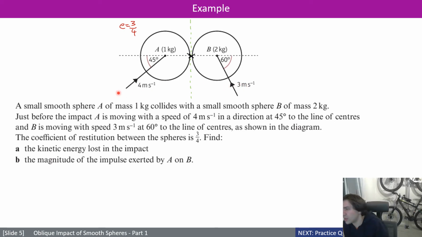However, you could also just consider that if it's a change in kinetic energy, then let's exclude the part of the velocity that doesn't change. The components of the velocity along the common tangent, in this case vertical, are not going to change. So their kinetic energy isn't going to change. So we can just think about the horizontal case, the parallel to the line of centers case.